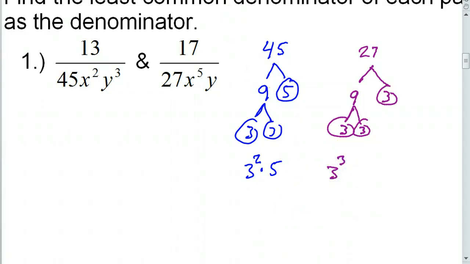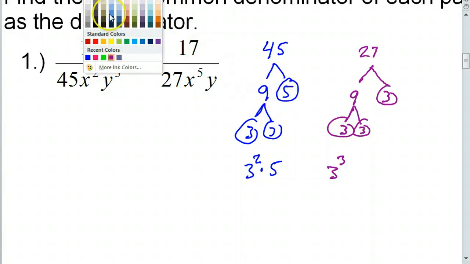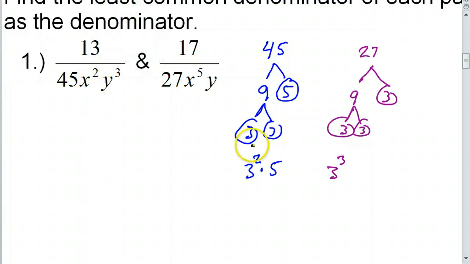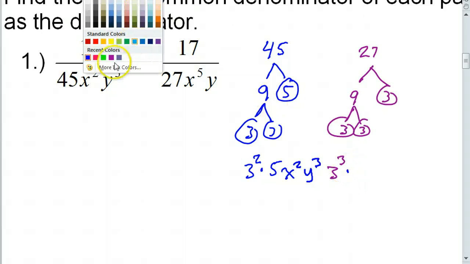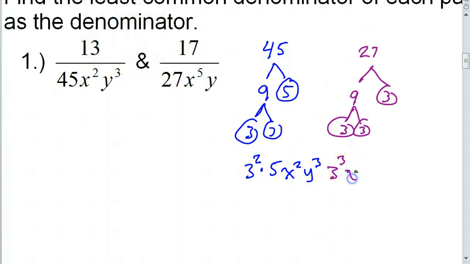So if we want to make these the same, and you know what, I should go ahead and do the variables as well. So what I have is 3 squared times 5 times x squared y to the third power, and then I have 3 to the third power x to the fifth power y.